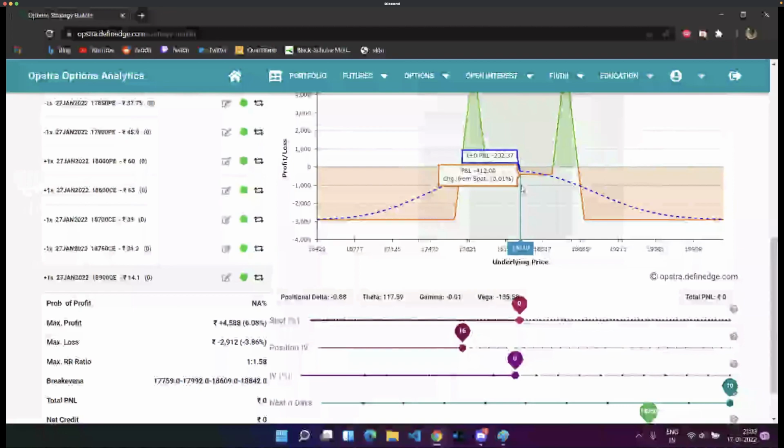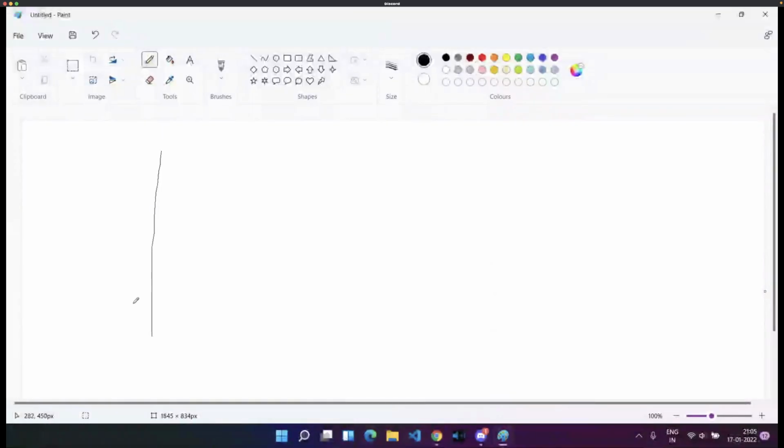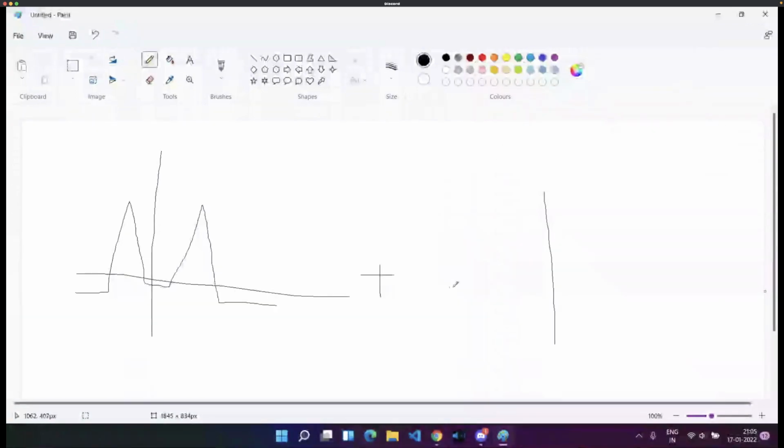Yeah. So currently ऐसा है, but if you add, see currently it's like this, right? What if you add a long condor to this, right?